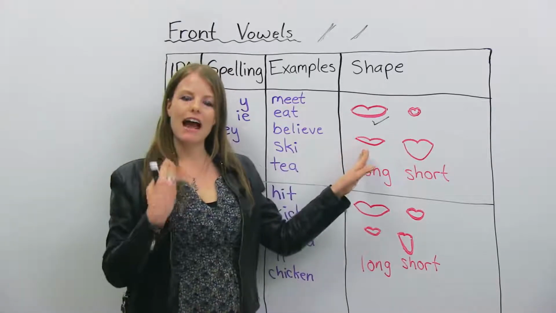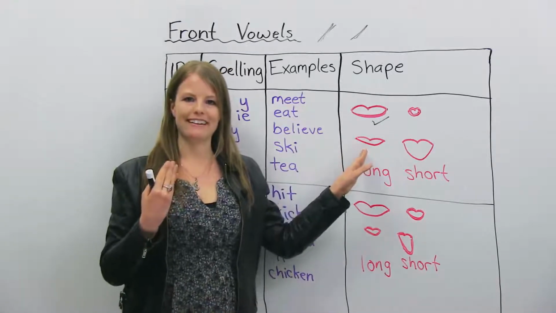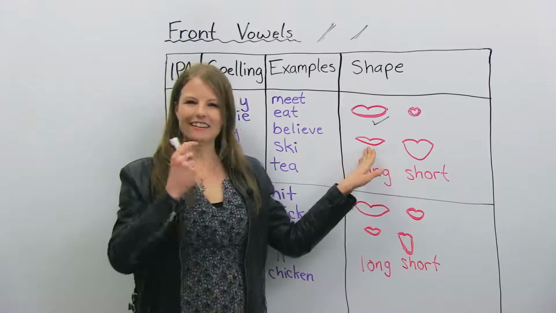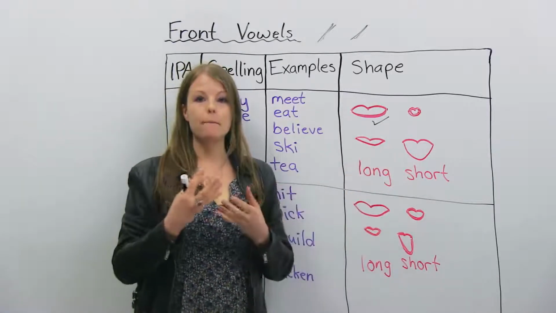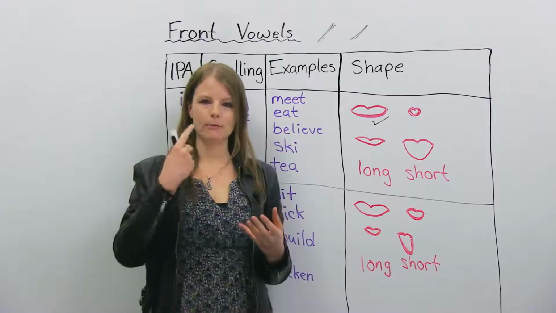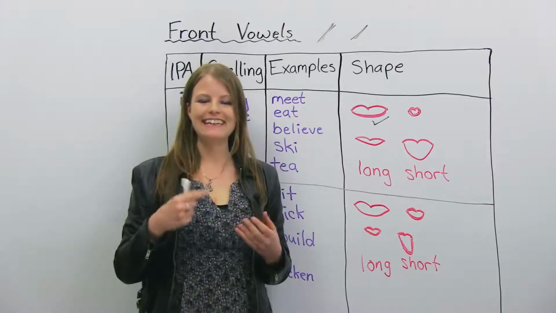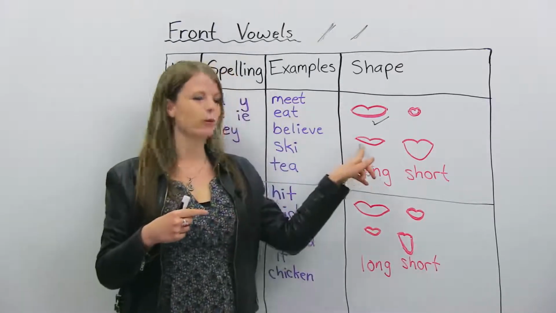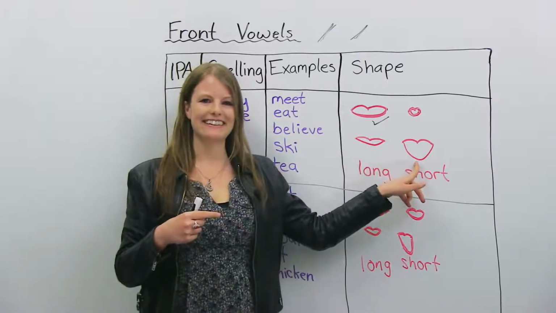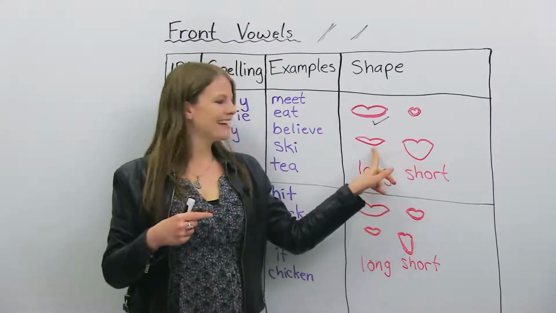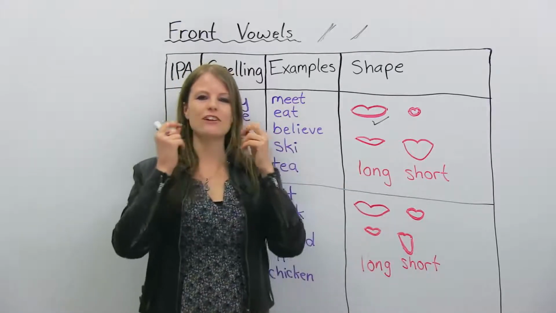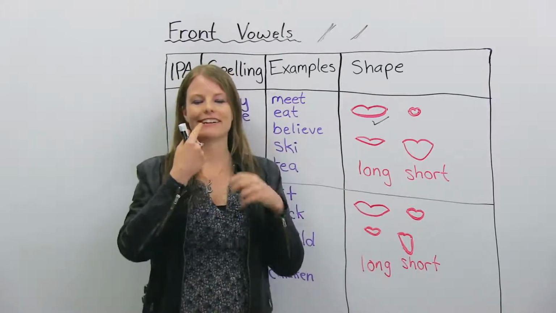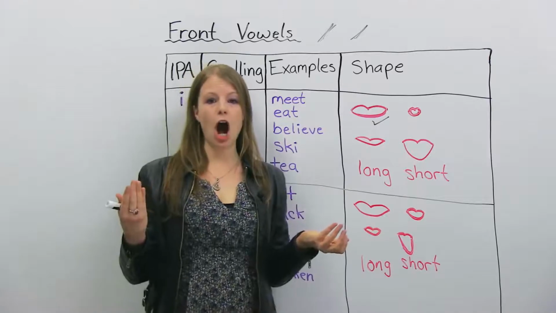Okay, now how big is my mouth when I say this? Is it small where you just see some teeth, or is it really big? Okay, so watch my mouth. Does it look more like this or like this? It actually looks more like this. So it's spread and there's not too much of a hole here. If you want, you can compare this to ah.